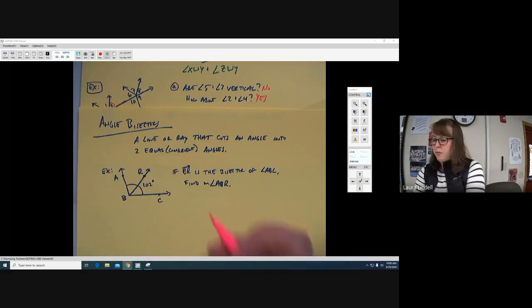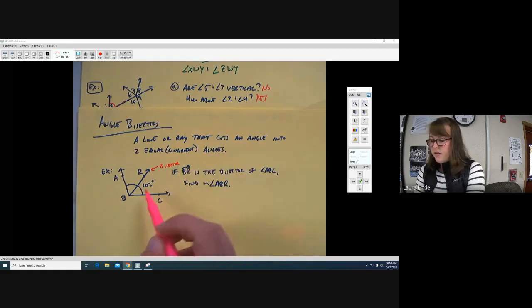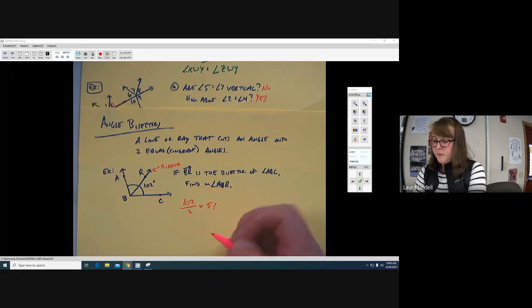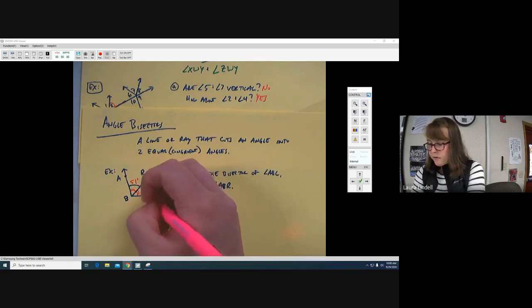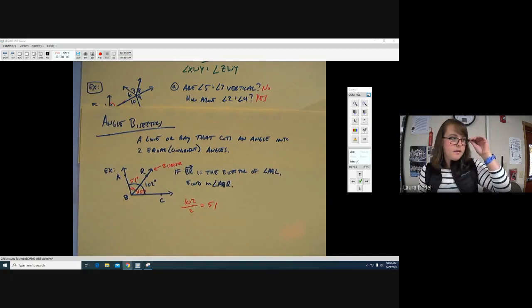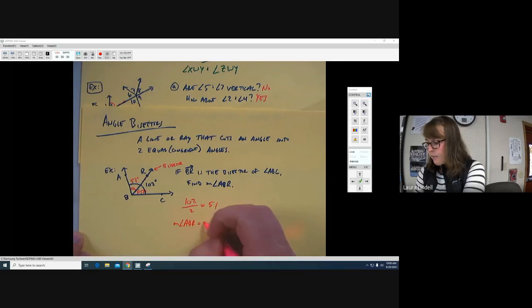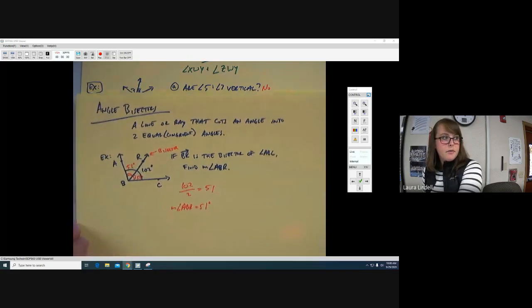Okay, so ray BR is my bisector. And so if I know this whole angle ABC is 102 degrees, well, then all I have to do is go 102 divided by 2, which is 51. And then both of these angles would be 51 degrees. So that would tell me that measure of angle ABR is 51 degrees, because that's just this half right here. So that bisector is dividing the angle equally in half.